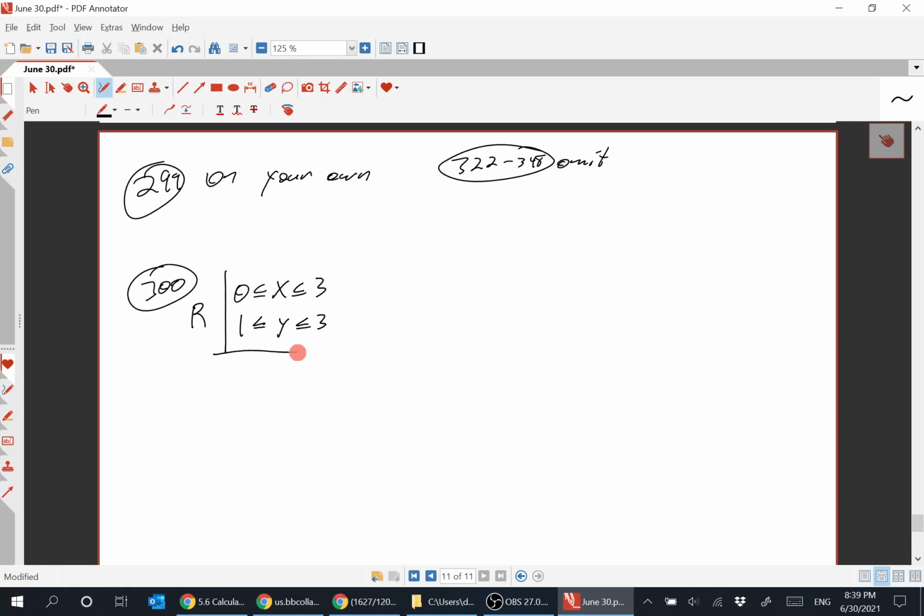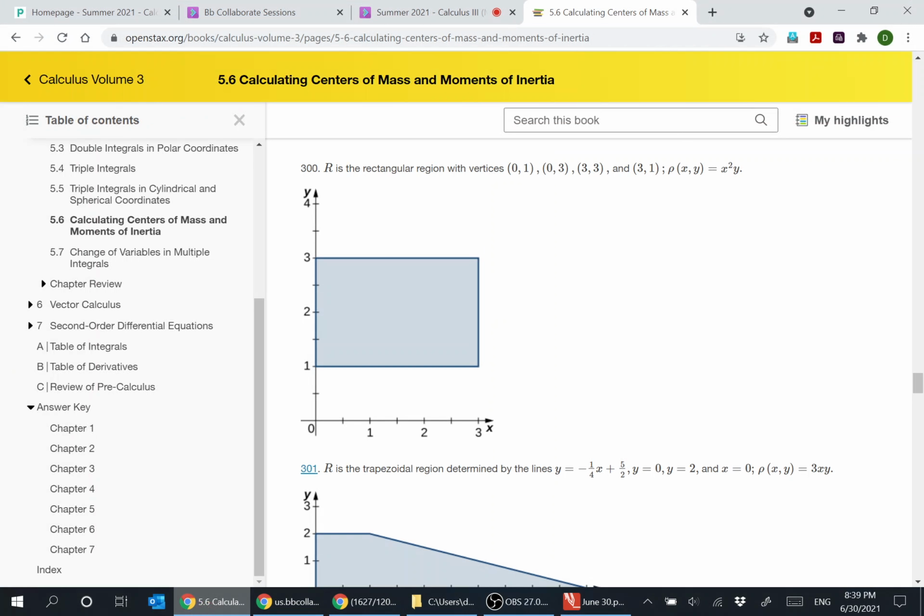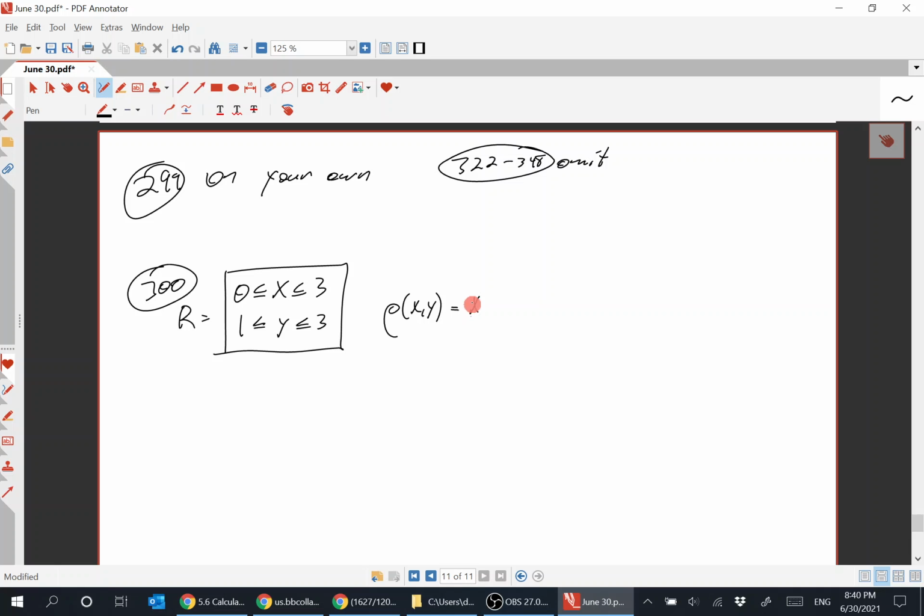You've just got this rectangle. And then you have this rho function, x squared y. All right, so find the center of mass.